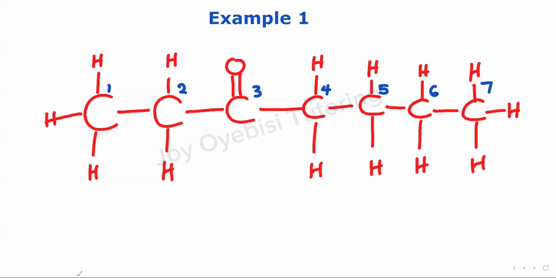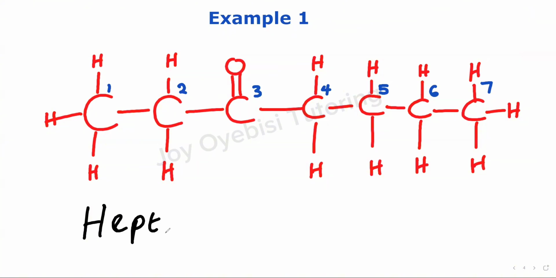Once we have the longest continuous carbon chain identified, the next step would be to see if there are any branches or any substituent. If we check, apart from the functional group, the other attached atoms are hydrogens, which means we don't have a branch. So we'll just go ahead and name. The longest continuous carbon chain is 7, and the prefix for 7 carbons is hept.